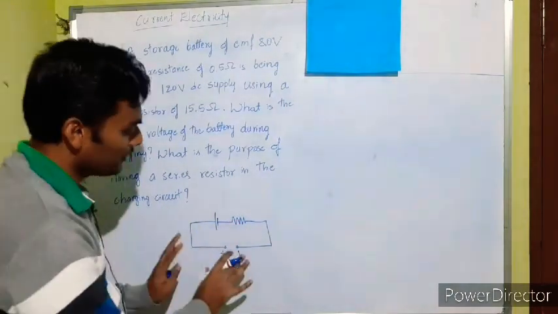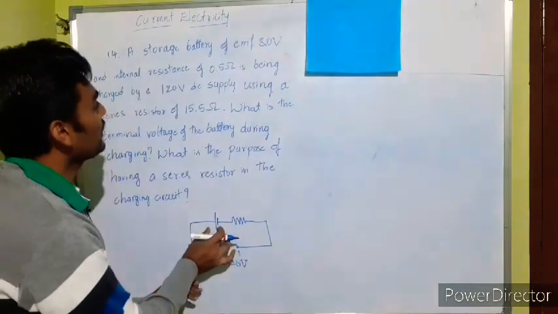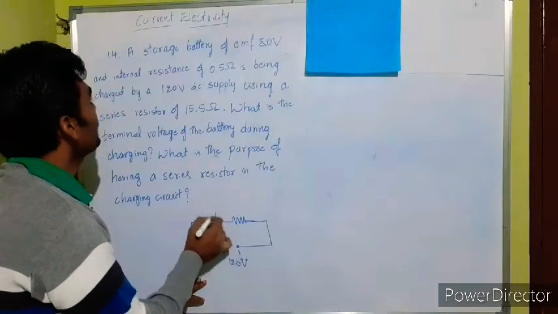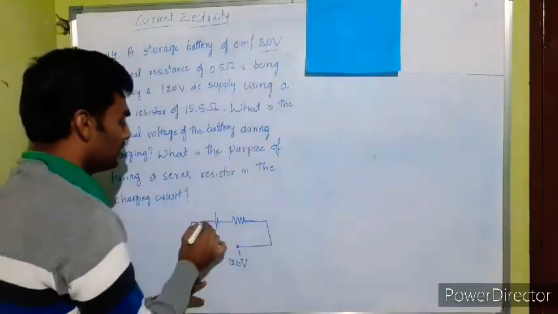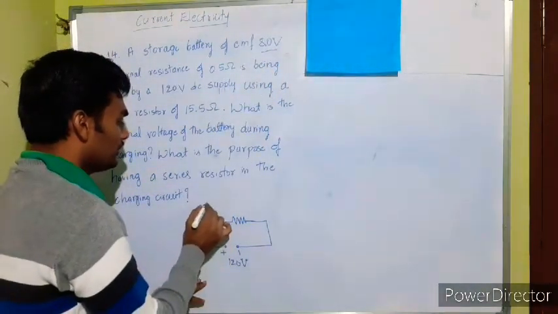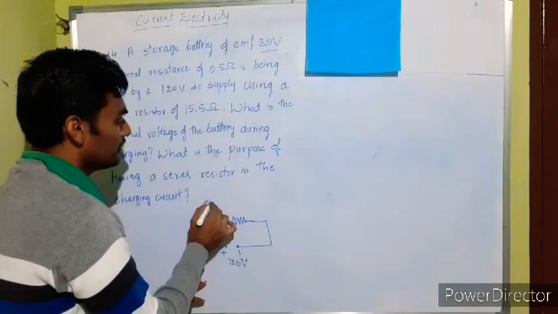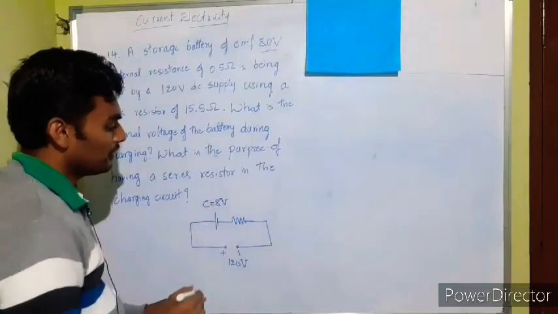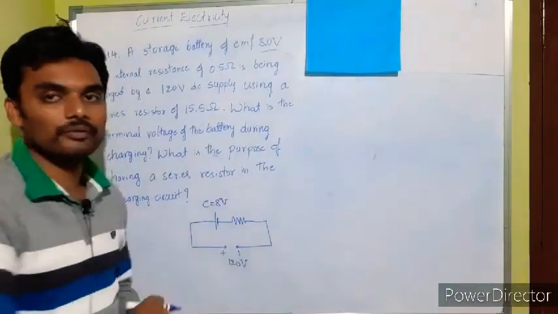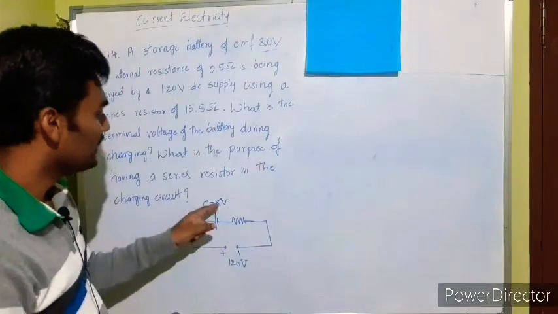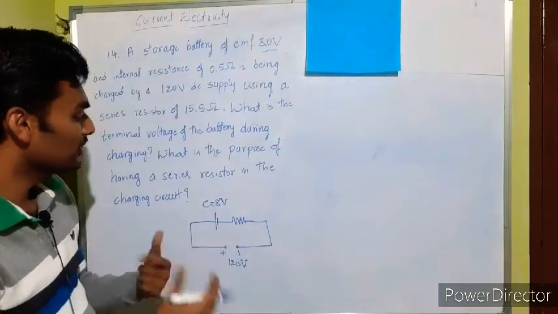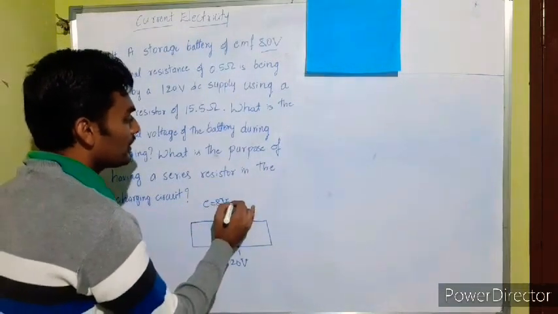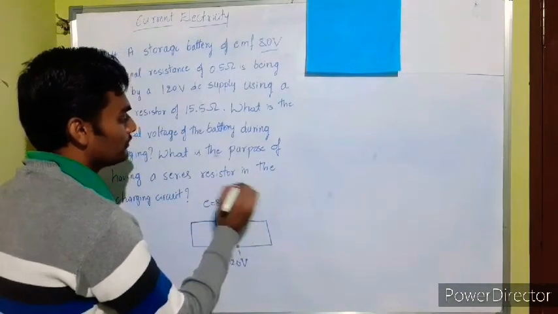Okay, but the simplest circuit is this 120 volt supply connected to a battery recharging, and this battery has the EMF of 8 volt. Okay, this battery has the EMF which we normally represent by small e. Why? Because capital E is the total EMF of the circuit, and small e is the EMF of the battery which is getting charged. And this battery has the internal resistance of 0.5 ohm.